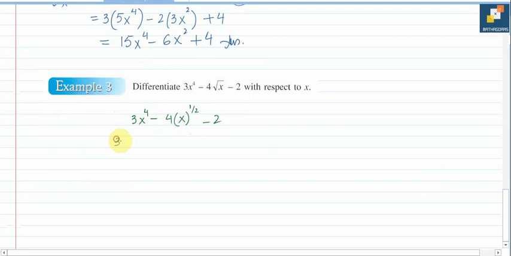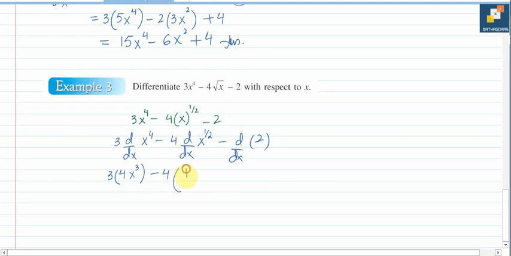So if I write the sign of differentiation, it's 3 d by dx of x^4 minus 4 d by dx of x power 1 upon 2 minus d by dx of 2. Now first thing, it will be 3. The power is 4. First we need to write down the power, then subtract 1 from the power, and d by dx of x is 1.